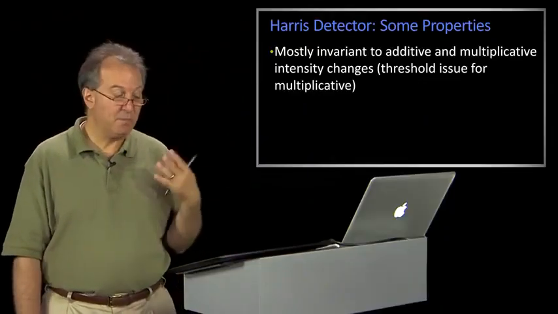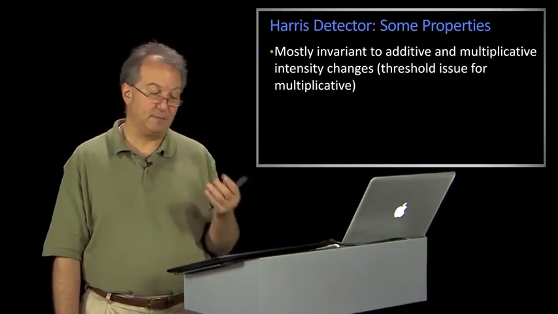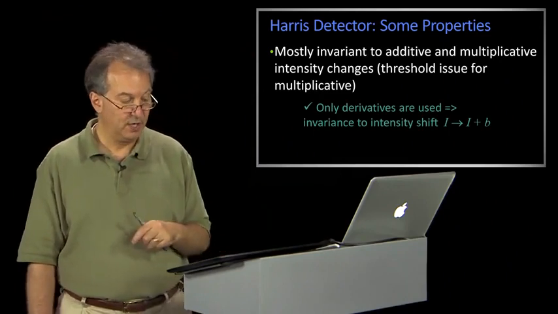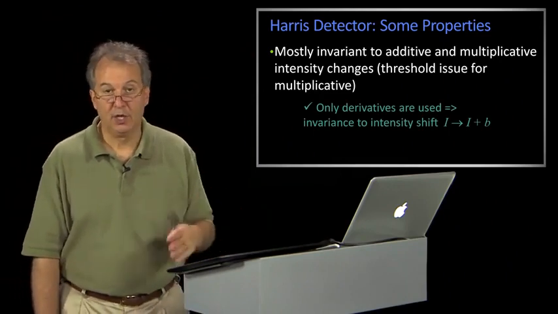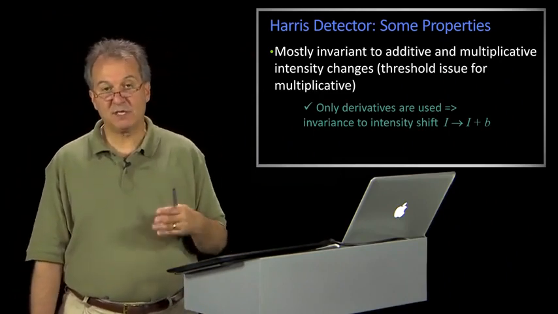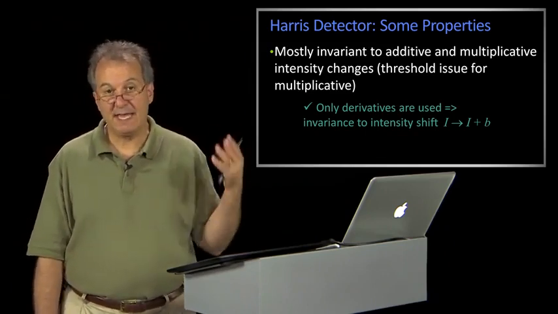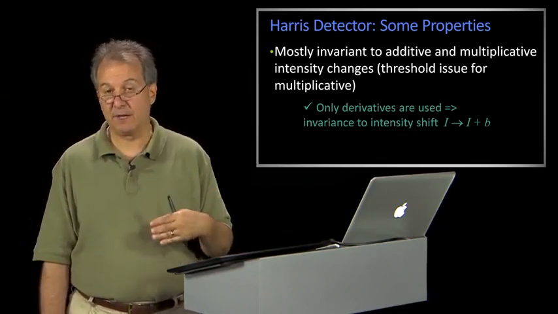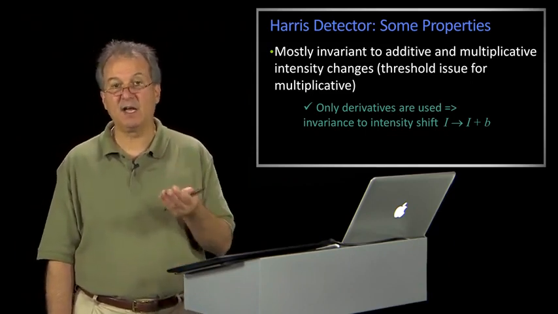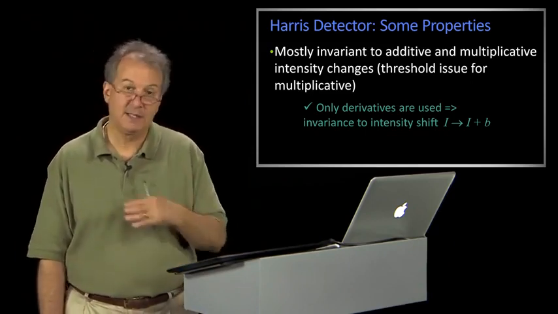What about changes to intensity? Right? I change the intensity somehow. What happens to my corner detection? Well, it turns out that it's mostly invariant to additive and multiplicative intensity changes. So as it says here, look, the moment matrix is just made up of Ixs and Iys and the products of them. Well, Ix is the derivative in x, Iy the derivative in y. If I add a constant to my image, nothing changes.